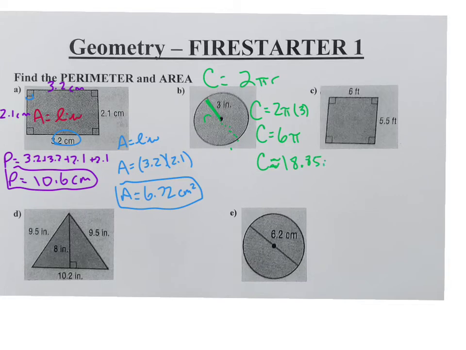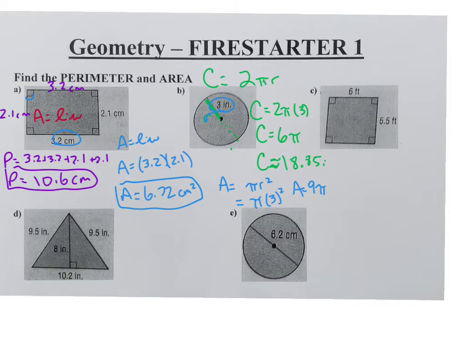Now area. The area of a circle is pi r squared. So this is my r, remember that's r. So my area is equal to pi times 3 squared. So my area is equal to 9 pi. So I just put in my calculator 9 times pi.